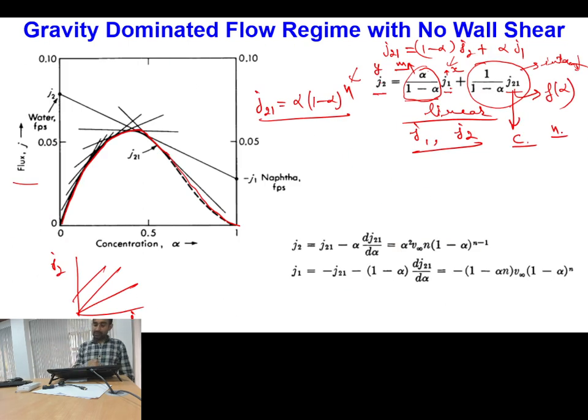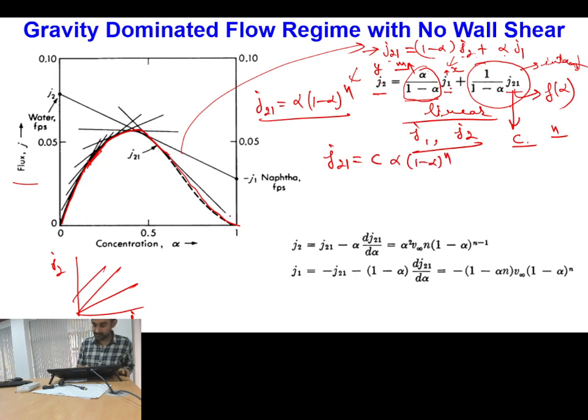While I was explaining the graphical approach, I told you that there is one more approach which is the analytical approach, but I just forgot to tell you. So as per the analytical approach, you calculate the slope of this and equate it with the slope of this equation. You have J21 equal to 1 minus alpha into J2 plus alpha into J1, all these straight lines follow this equation, and this J21 equal to C times alpha into 1 minus alpha to the power n.